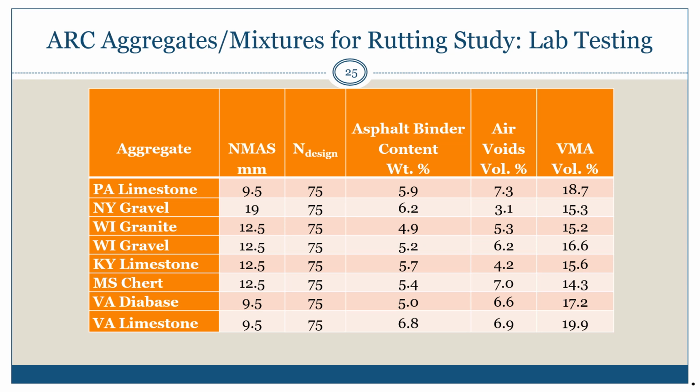Asphalt binder contents ranged from 4.9% up to 6.8%. Air voids were usually around 7%. There was one mix that had air voids down at around 3%. And we also had a range of VMA values in those mix designs.